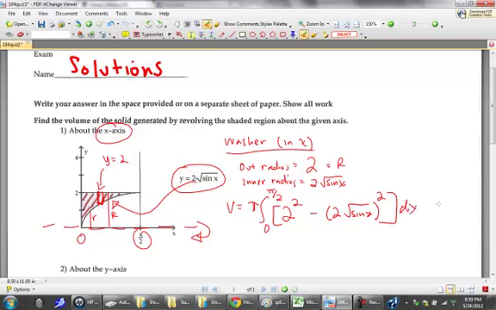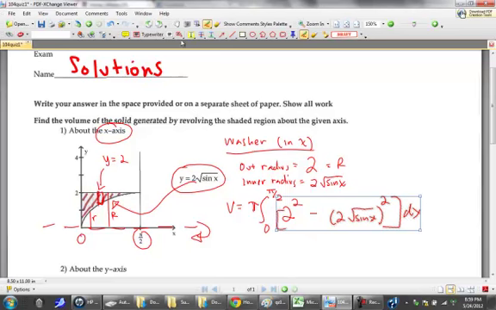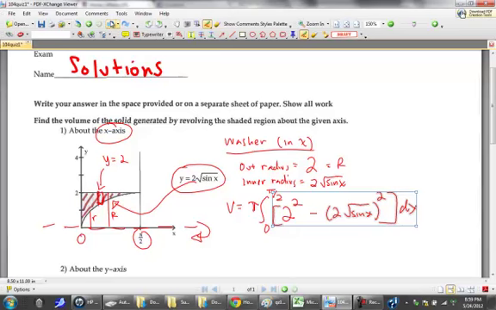So what we get is 4 minus, don't forget to square the 2, and when you square the root, you just get sine x. So we'll pull out a 4, and we're talking about 1 minus the sine of x.